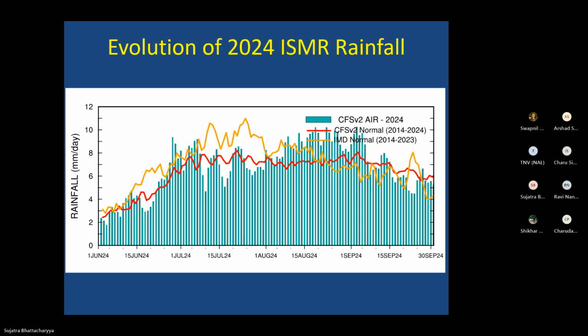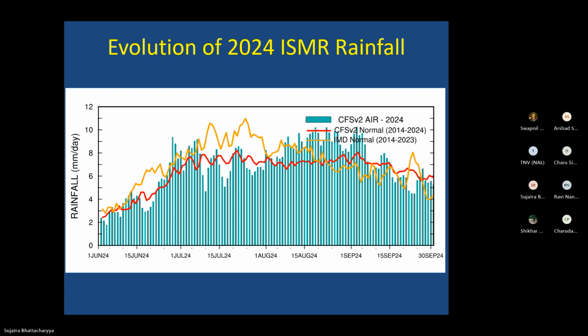Okay. And you can see that this model, in its climatological setting, has too low rainfall in July. That's the weakness of the model. Same thing is true, I'm sure, about IMD. But this year, this model is showing higher rainfall than IMD in August only.